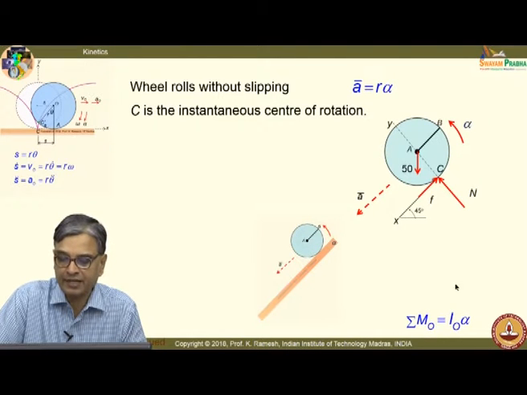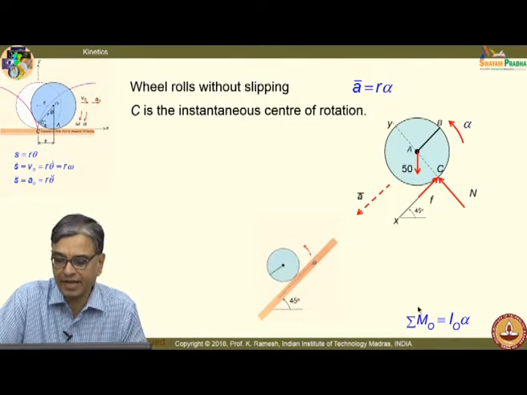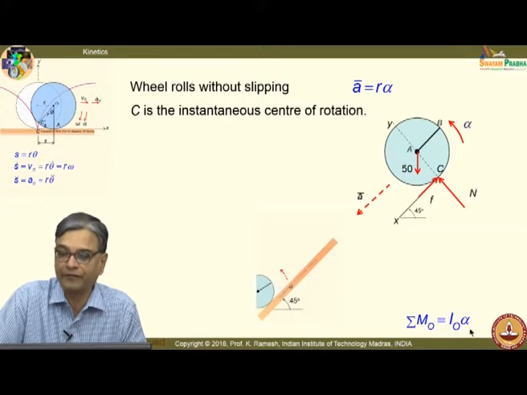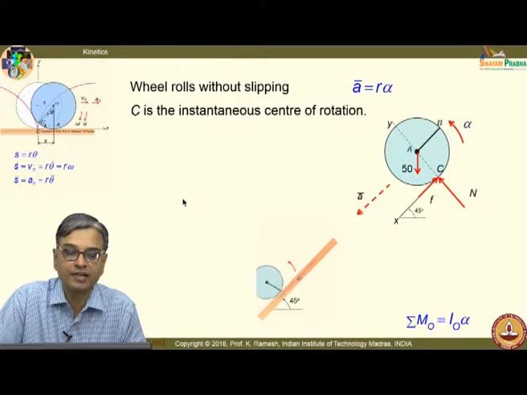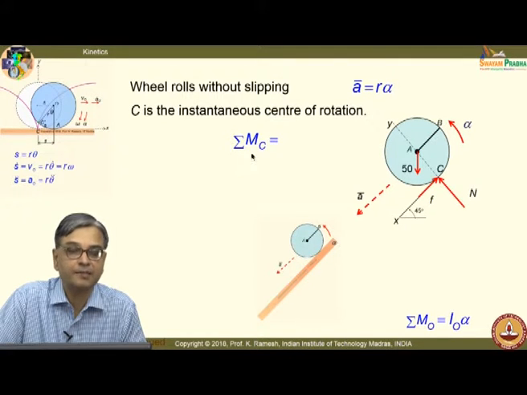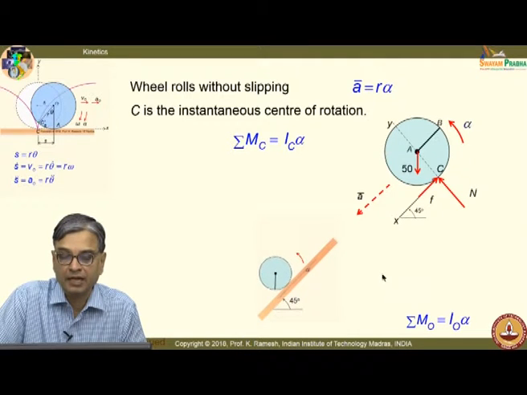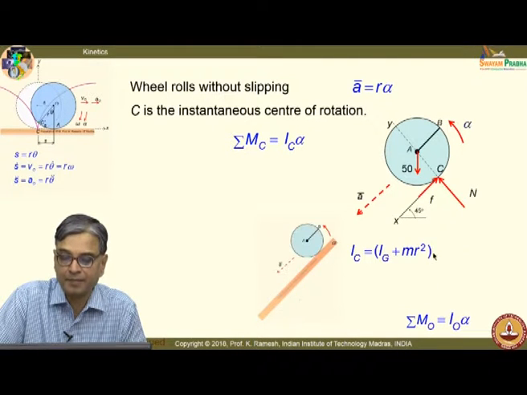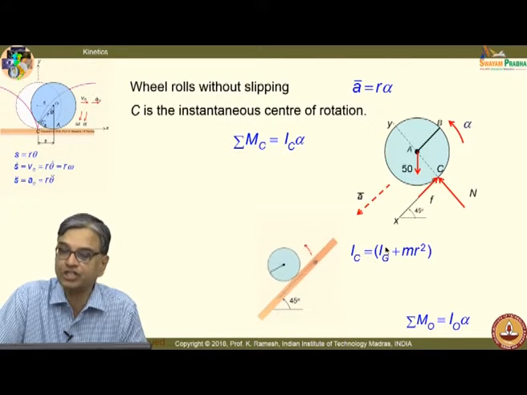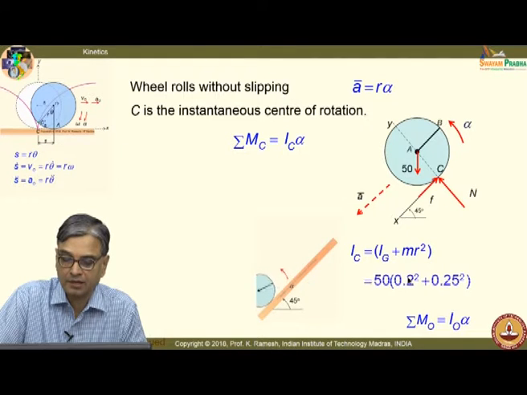So, identify the governing equation. We have sigma M O equal to I O alpha, that is what we are going to use for this problem, and this becomes point C here. So, I rewrite the expression as summation of M C equal to I C alpha, and you have to use the parallel axis theorem to get the value of I C. You are given I G, and then you can find out this.